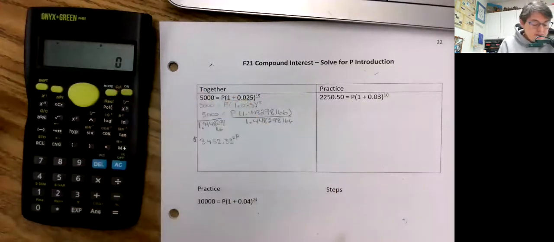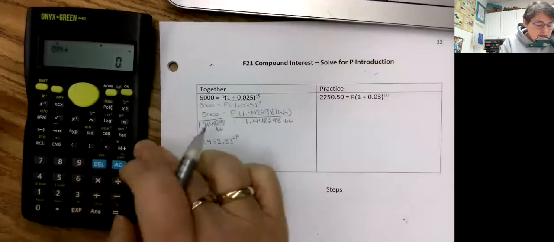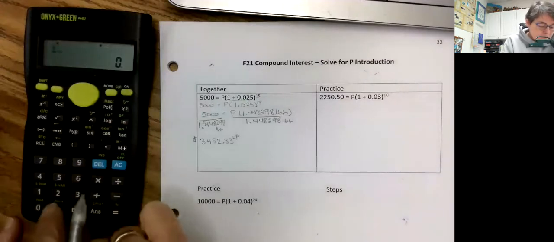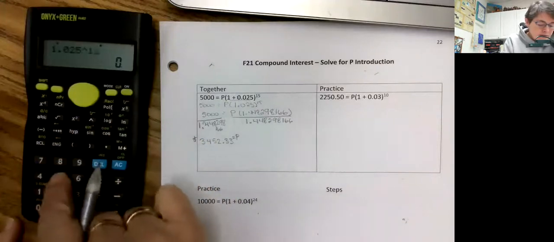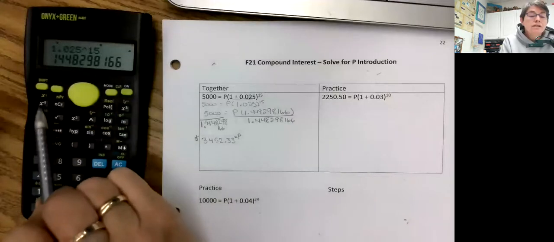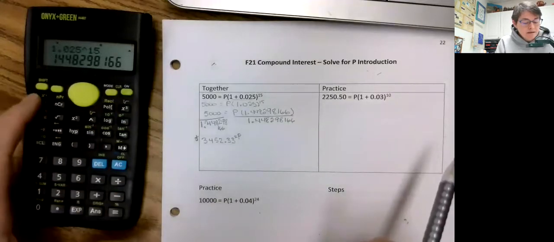Now, let's see if I can figure out on my calculator how to do this. The easiest way, okay, 1.025 x^y 15. All right, I'm going to show you the cheat. This x to the minus 1 means you're going to take 1 over that number.